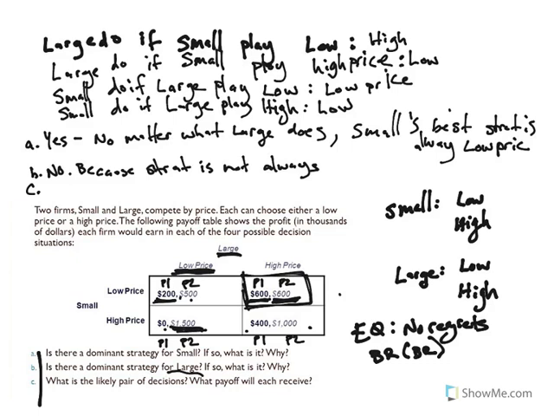It's because once you get to an equilibrium, nobody has incentive to change their strategy. So the likely pair of decisions is that small plays the strategy low price and large plays the strategy high price. And the payoffs to that are small has a profit of 600,000 and large has a profit of 600,000 as well.